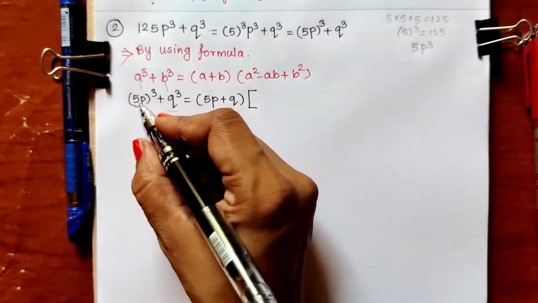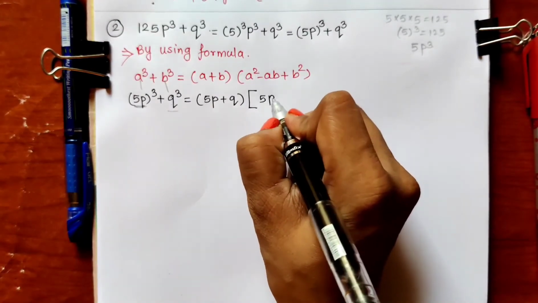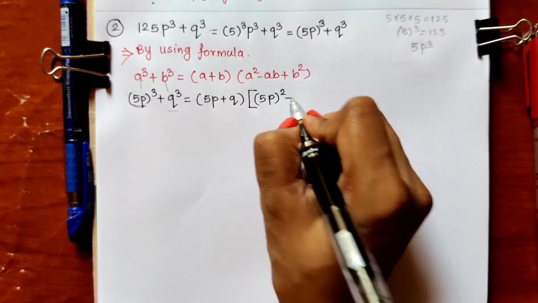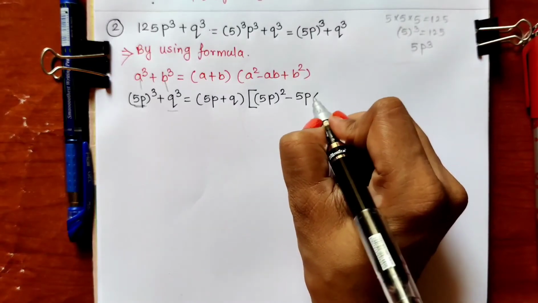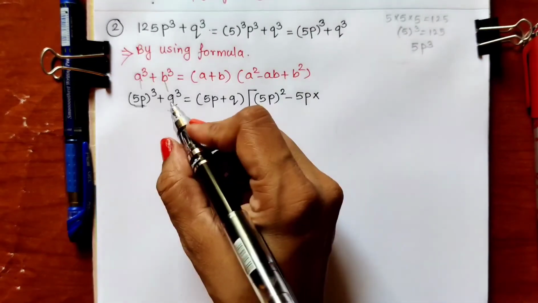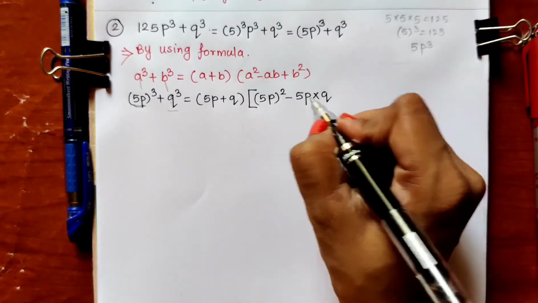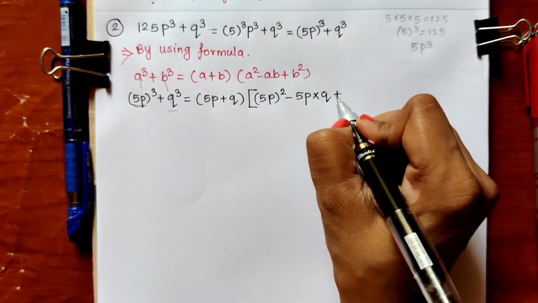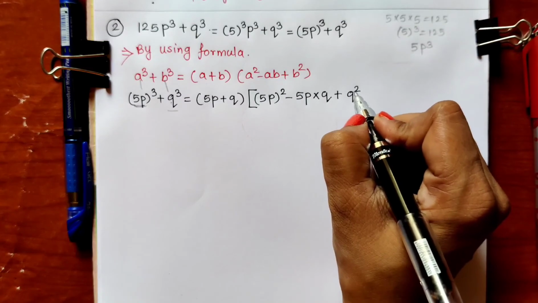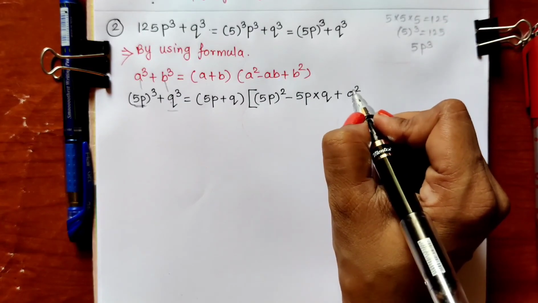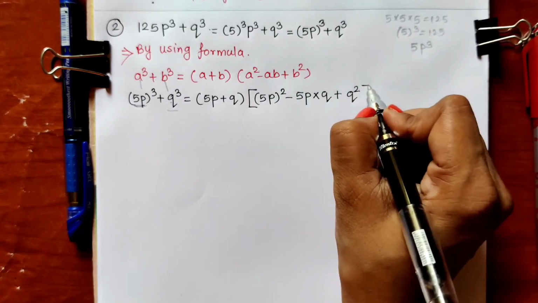So a square means 5p square, minus a into b, that is 5p into q, plus b square, that means q square. A single variable is not put inside the bracket, we directly write q square.